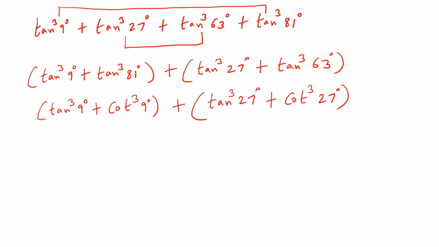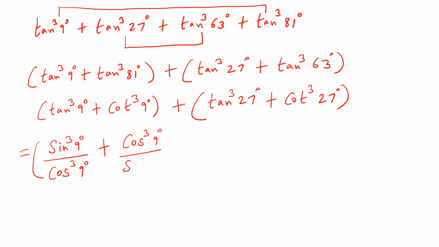Right? Now students, tan theta is equal to sin theta upon cos theta. So this means tan cube 9 degree is sin cube 9 degree divided upon cos cube 9 degree. And similarly, cot cube 9 degree is cos cube 9 degree divided upon sin cube 9 degree.